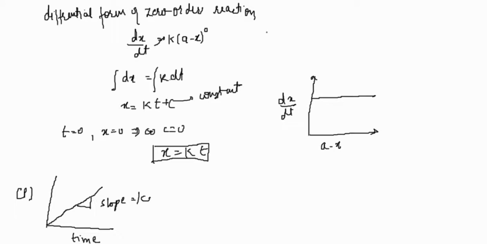The concentration of reactant after time t is a minus x, that equals a minus kt, since we know the value of x is kt.